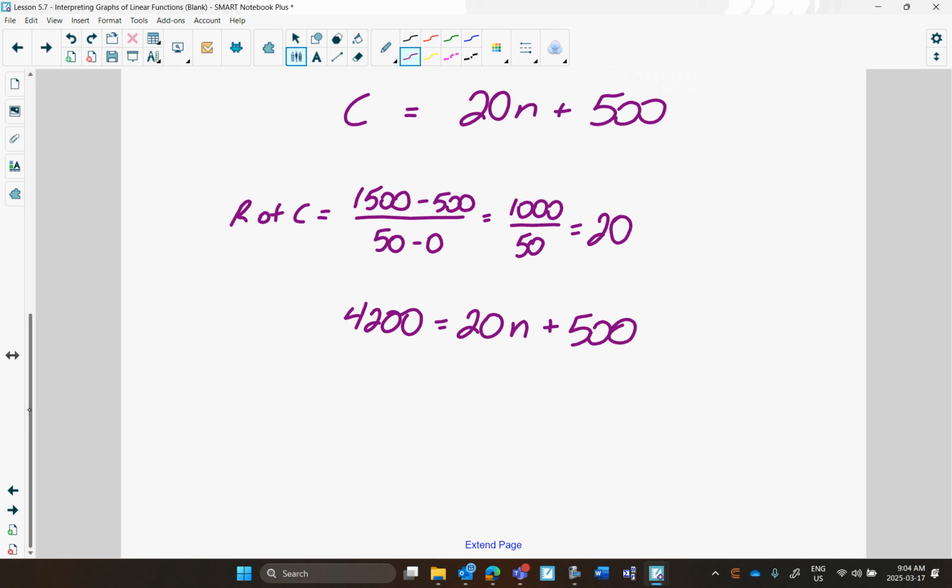How do we solve it? Subtract 500 from both sides. So I get 3,700 equals 20n. And then divide both sides by 20. And that will give me my answer, which should work out to 185 yearbooks. So I was close when I used the graph, but not precise.